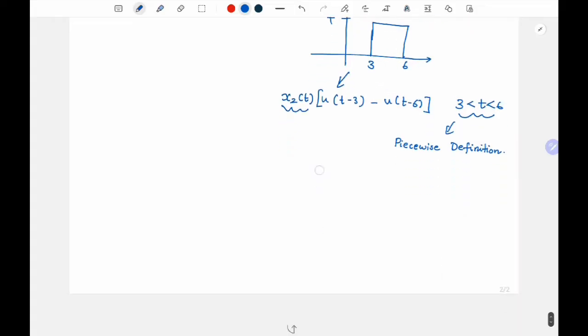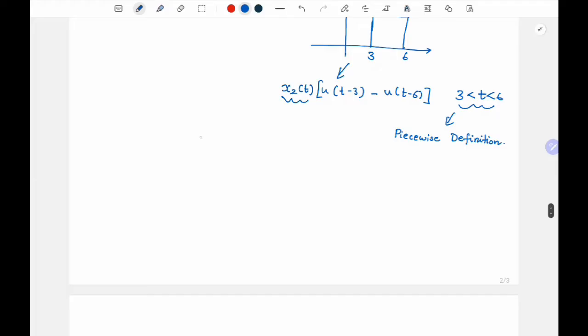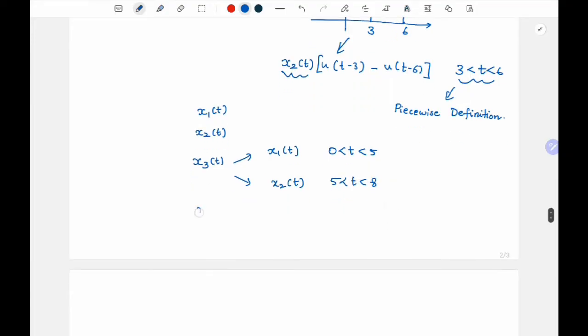So if I have, let's say, 2 signals, x1 of t and x2 of t, and I want to create a third signal x3 of t such that it is x1 of t in the interval 0 to 5, and it is x2 of t in the interval 5 to 8, then how do I define it?